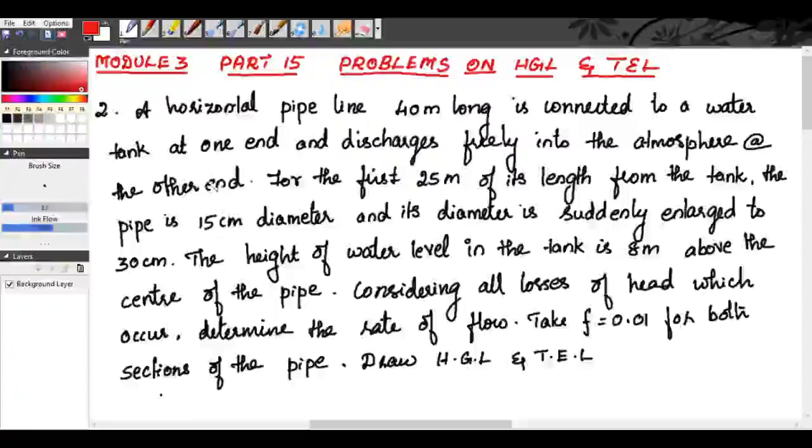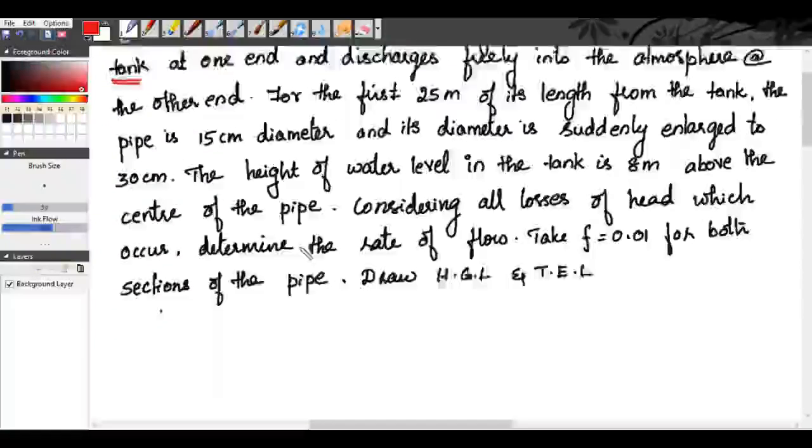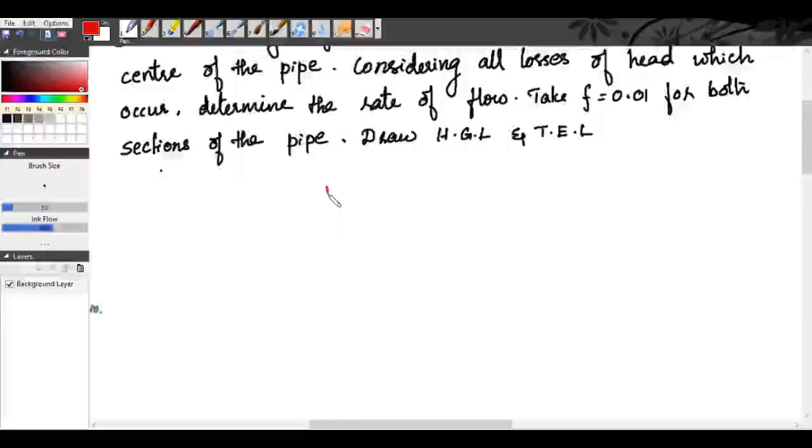So the first problem is: a horizontal pipeline 40-meter long is connected to a water tank at one end and discharges freely into the atmosphere at the other end. So we have a water tank, and a horizontal pipeline of 40-meter long which is connected to the tank at one end and discharges freely into the atmosphere. So we shall draw a tank.